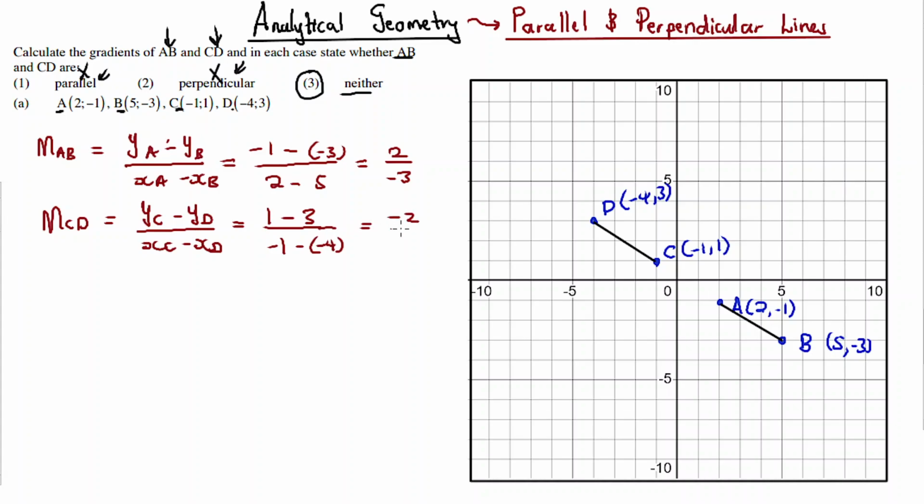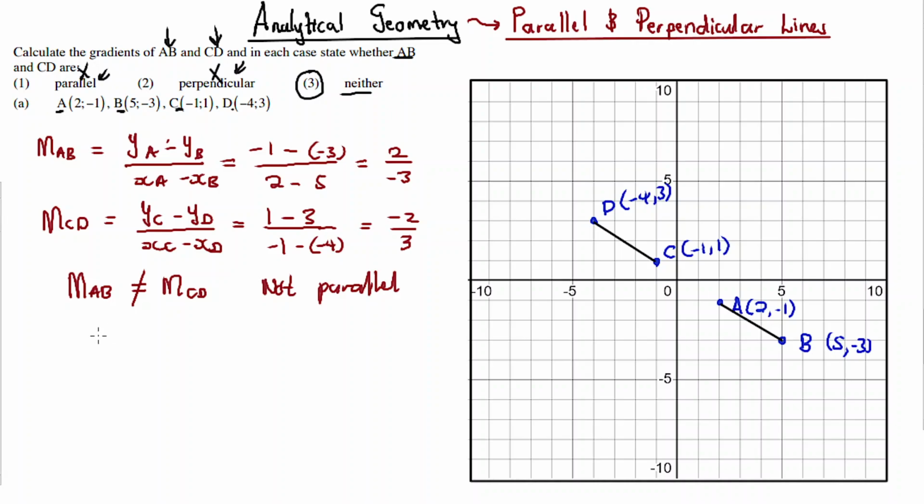Numerator, minus 2, and the denominator is a positive 3. So gradient CD is equal to that. We can see that gradient AB is not equal to gradient CD, so they are not parallel.